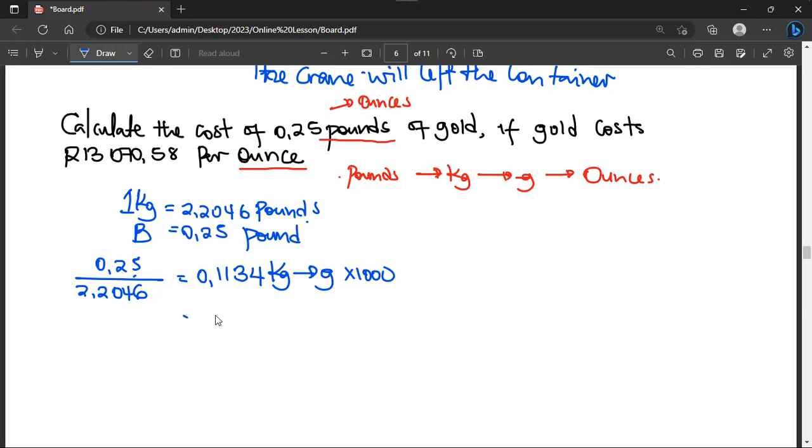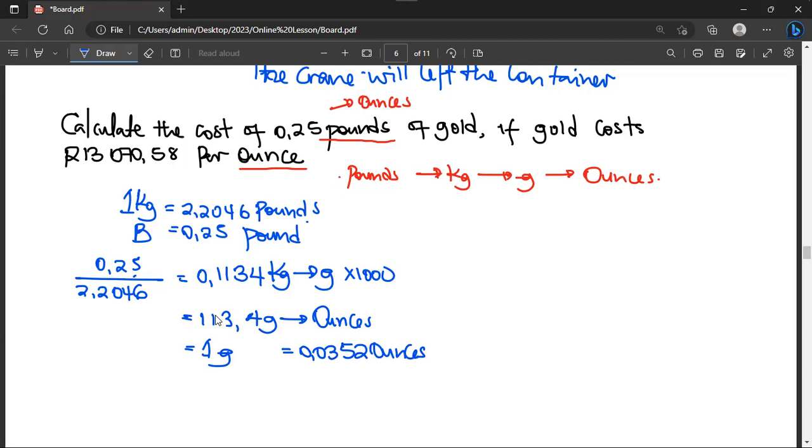Multiply by 1,000, 113,4 grams. So these grams, I want them to become ounces. So remember that if you have 1 gram, you have an equivalence of 0,0352 ounces. 1 gram produces this much.